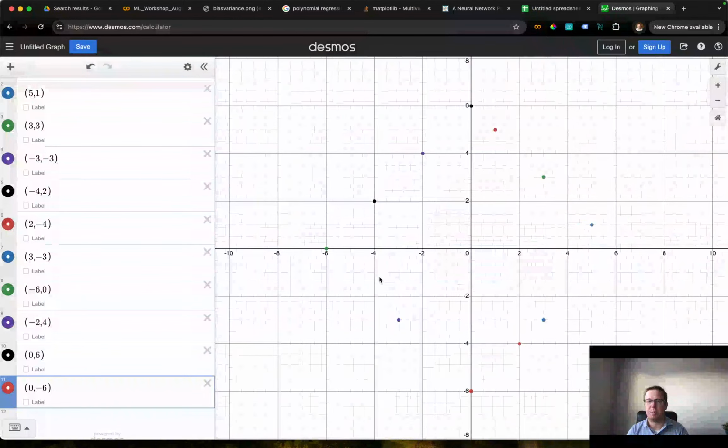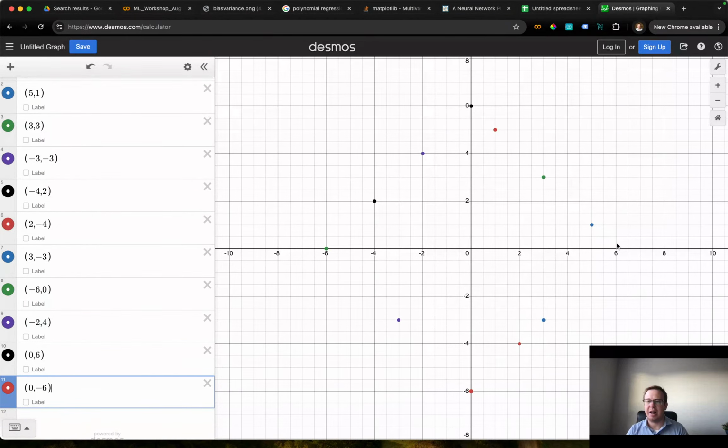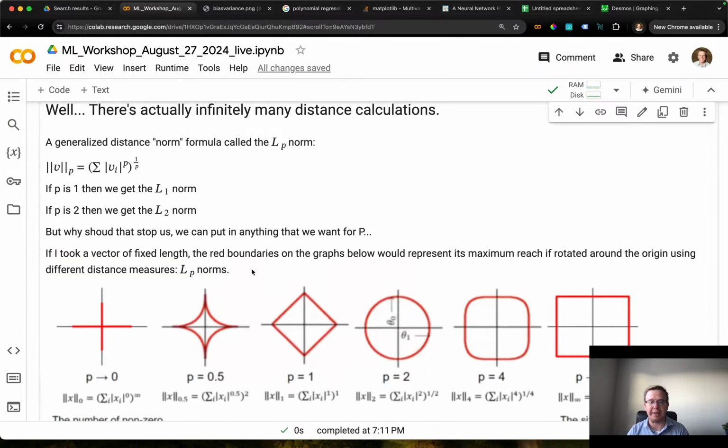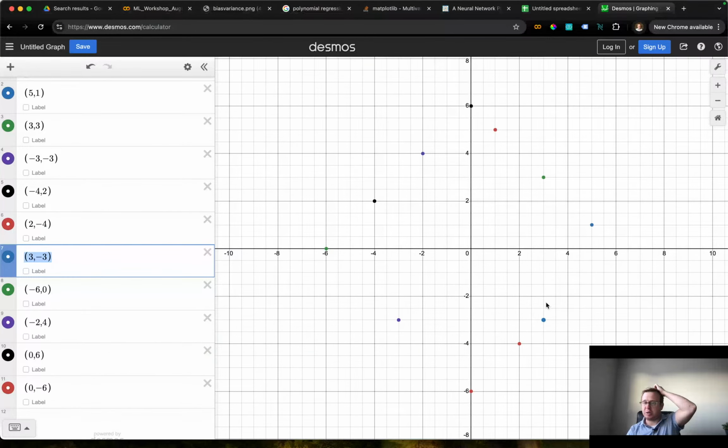Okay? So the border of this diamond represents the longest vectors, or the most extreme inner vector values that would give me an L1 norm of 6, distance of 6. That's why when P is equal to 1, I get this diamond shape. If P was equal to 2, if I was using my regular distance measure, it'll be like if I took my pencil, set its eraser here at 0, and then twisted it around in a circle.